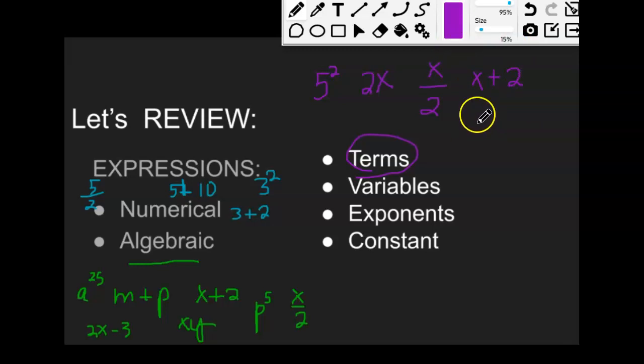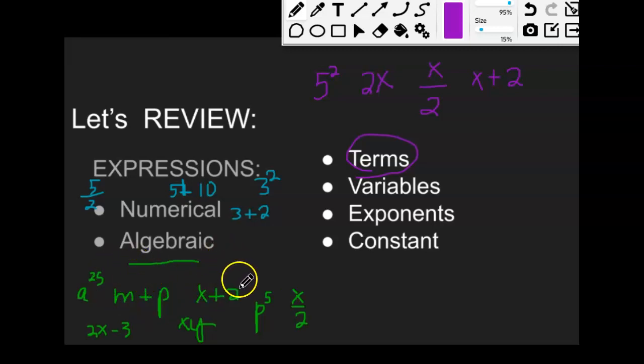Is a term a number or a variable or a product of numbers, variables, and or expressions? Yes. So, for example, let's go back to the green ones. m plus 3 are two terms, but one expression.